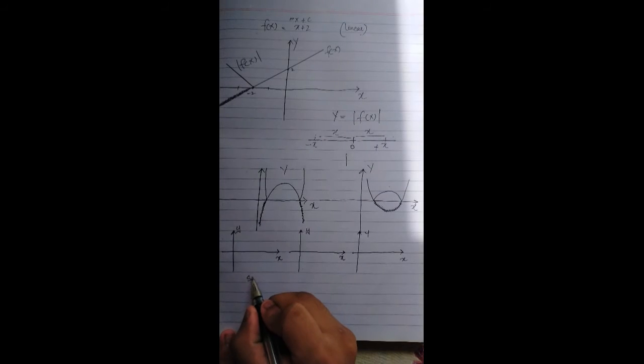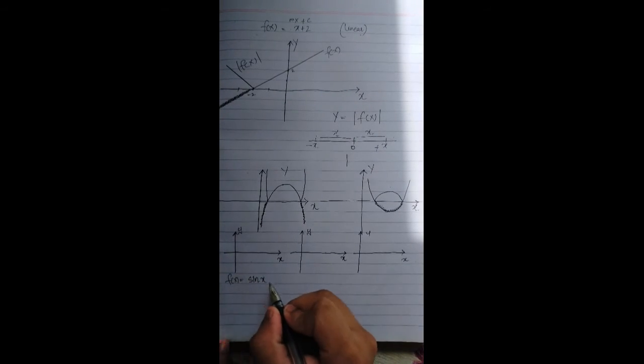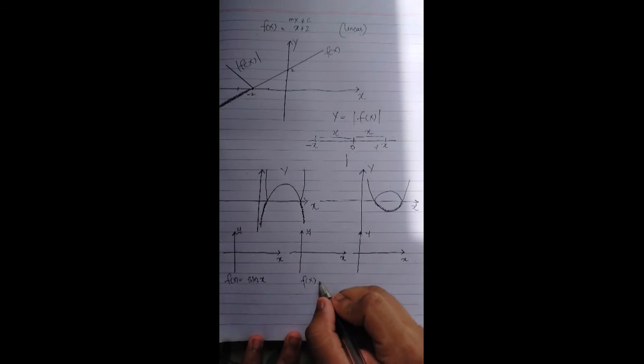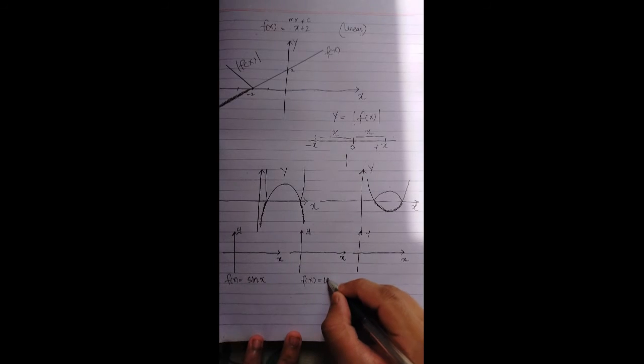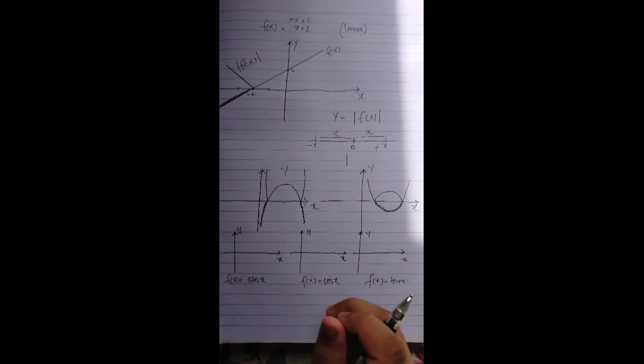Here I have sin x. F of x is sin of x. F of x is cos x. F of x is tan x. There are three more graphs that are included in your syllabus other than these.